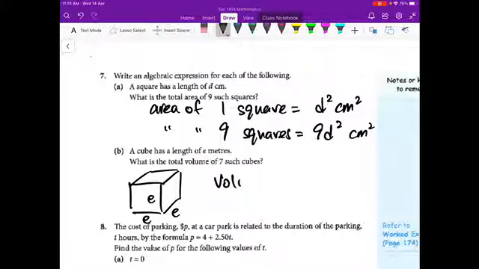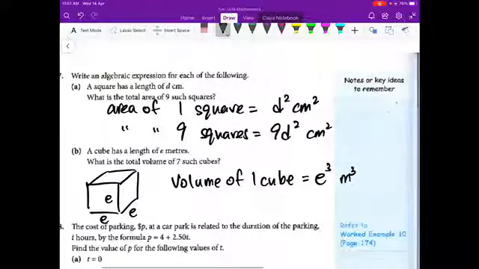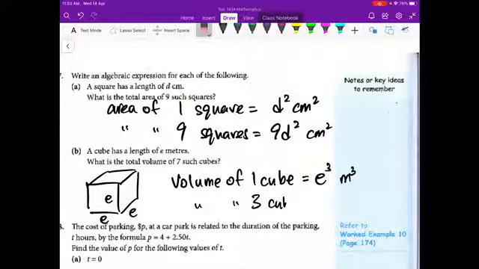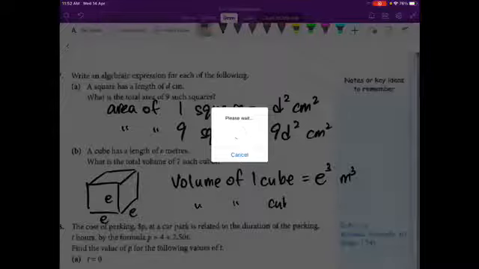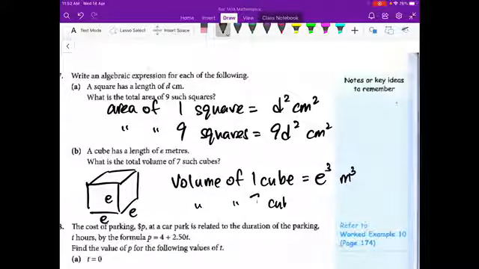So volume of 1 cube equals E cube, cubic meters. Then volume of 3 cubes. So it will be 3 times E cube. 3E cube cubic meters. Total volume. So you must have the units.